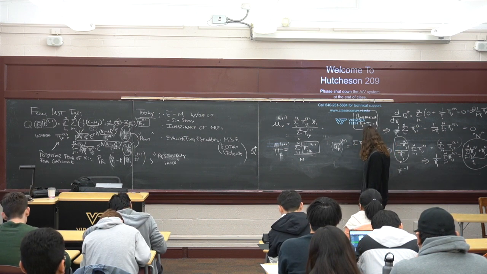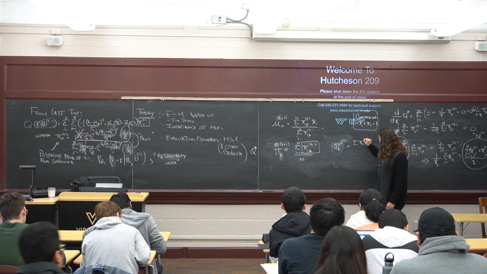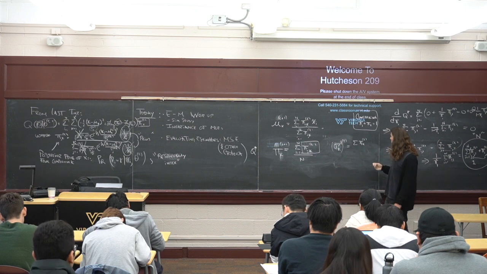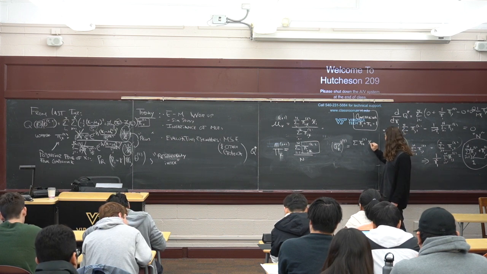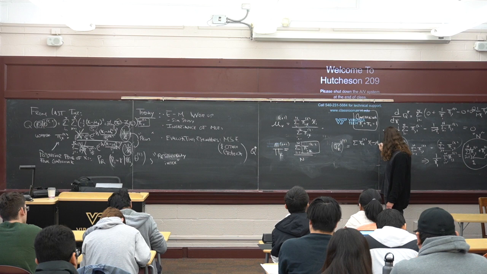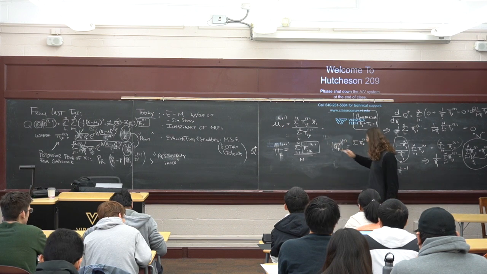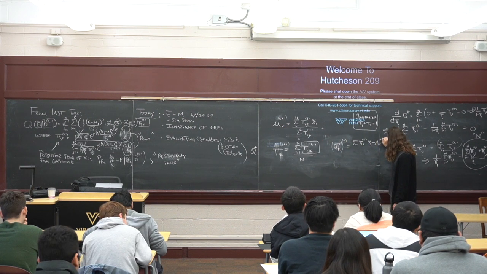Sum of pi_ik, so these same model responsibility indices, times x_i minus mu_k at our previous location. You'd probably use this one right here. So this is going to be t plus 1.